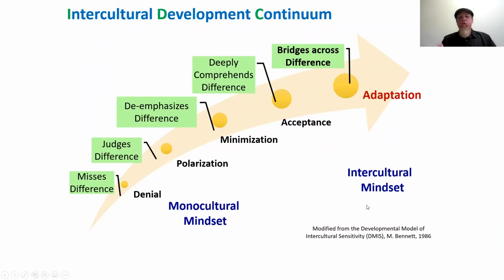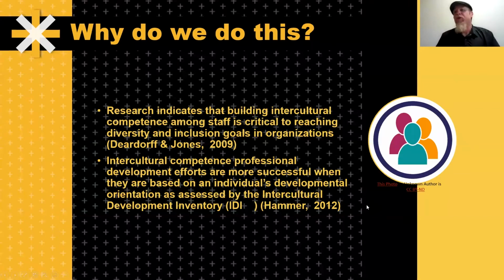So the next point is, why did we do this? So in California, or why do we do this generally? Research indicates that building intercultural competence among our staff is critical to reaching diversity and inclusion goals in our organization. And we understood this in our system in 2014.